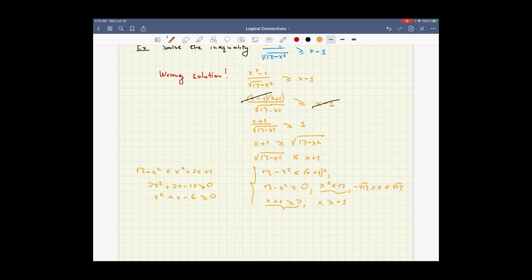The roots of the quadratic are negative 3 and 2. So we have a parabola opening upward with roots negative 3 and 2, and it's greater or equal than 0 to the left of negative 3 or to the right of 2. Right, and combining these three situations, what do we get?